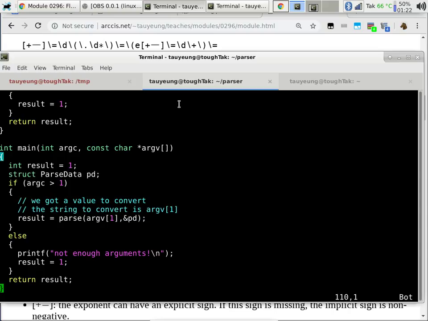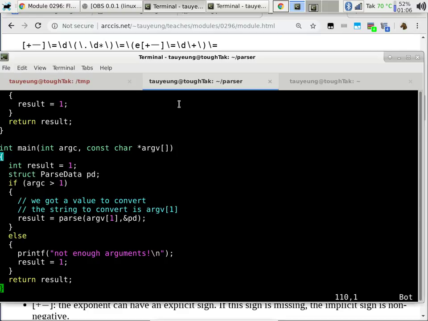Is that okay? When I run the program, it'll be obvious what that's actually doing. So when ARGC is greater than 1, I got stuff to do. When ARGC is less than or equal to 1, which means it's exactly 1 because it cannot be less than 1, I basically just complain and say not enough arguments because I'm expecting a base 10 scientific notation to process.